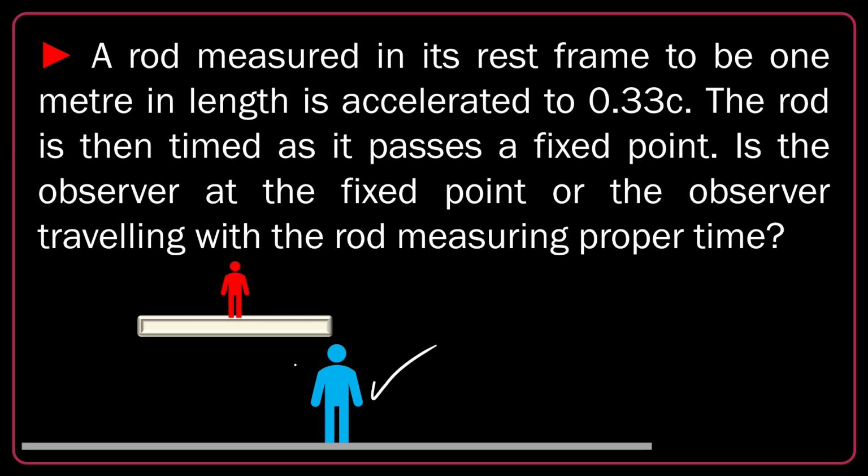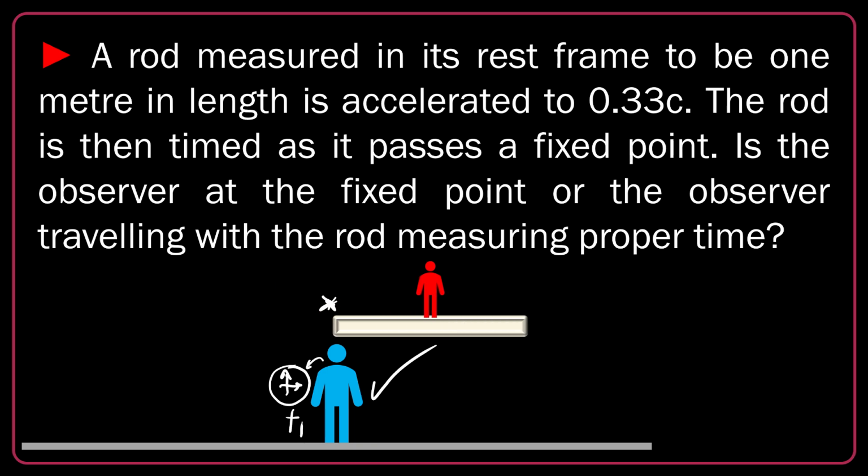Because the person on the ground sees the front of the rod passing at the moment t1 using this clock, and the end of the rod passing by at time t2. They subtract these two values and get delta t. So it's exactly delta t naught, the proper time, because the person on the ground can use a single clock. But the person on the rod cannot use a single clock.